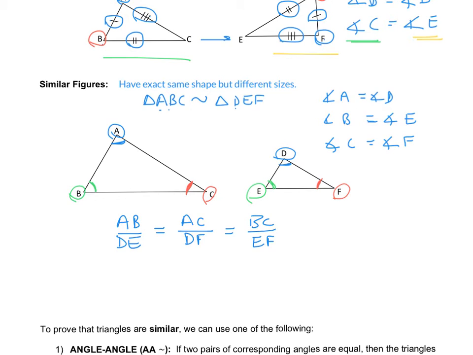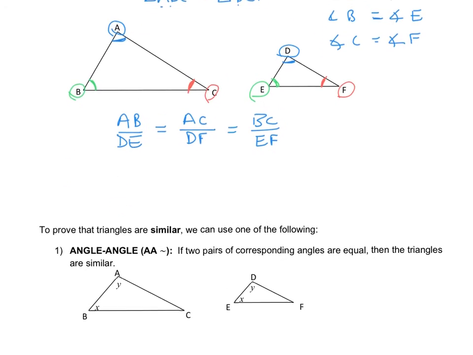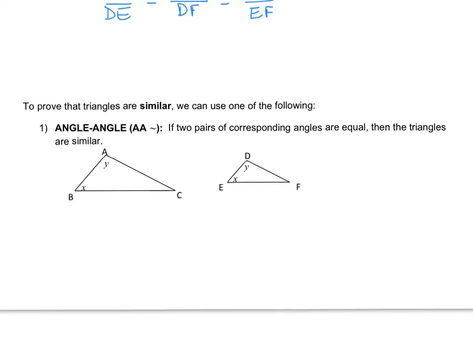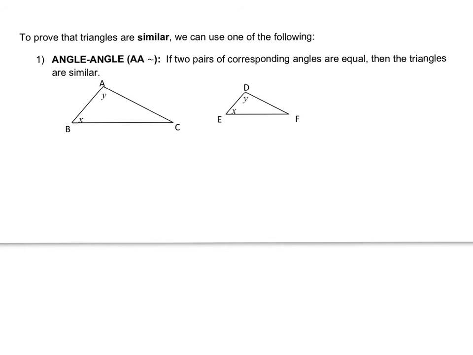And this is helpful. This is the basis in trigonometry and doing our primary trig ratios with right angled triangles. This is the premise of that. So we need to make sure that we understand that. So to be able to prove that triangles are similar, we can use one of the following things. We could take a look at our triangles. As long as we have 2 pairs of corresponding angles that are equal to each other.